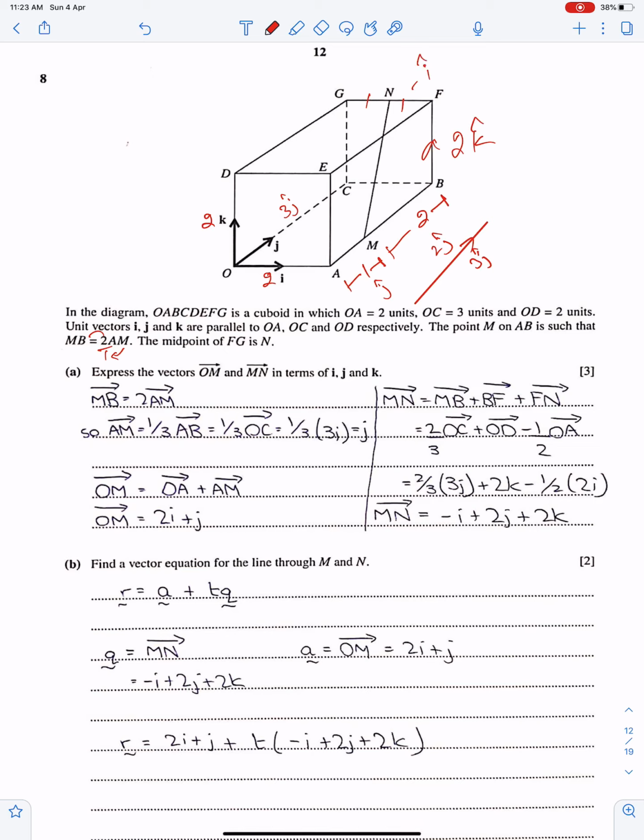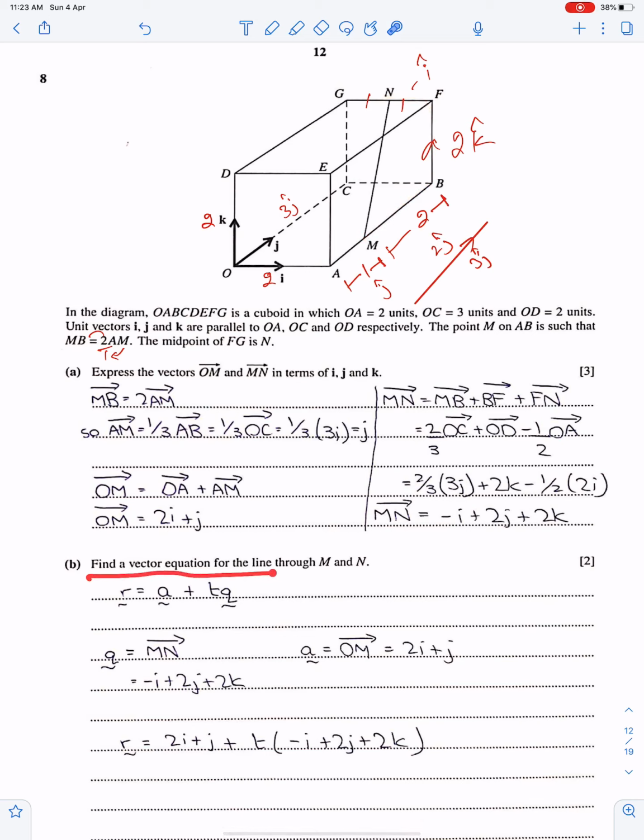You can do this directly if you want. If you have solved this diagram, then you don't need to do this. You can just directly write here: 2j plus 2k minus i. You don't need to do this if you have already solved this diagram.